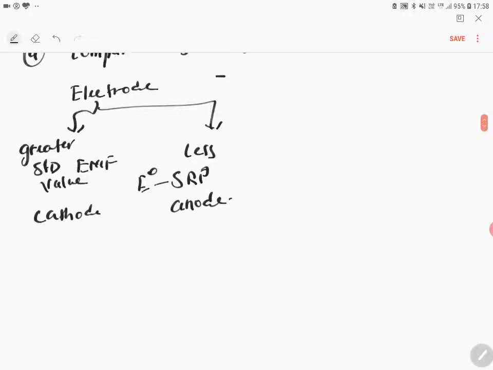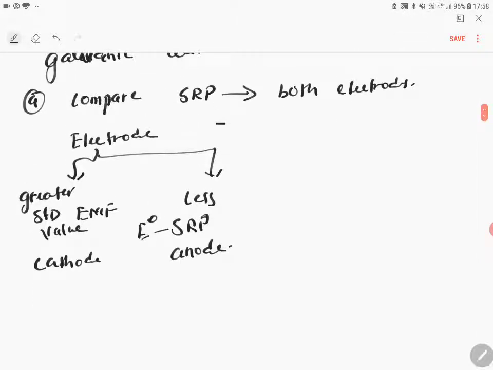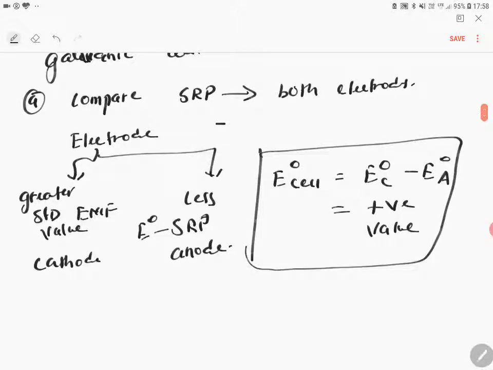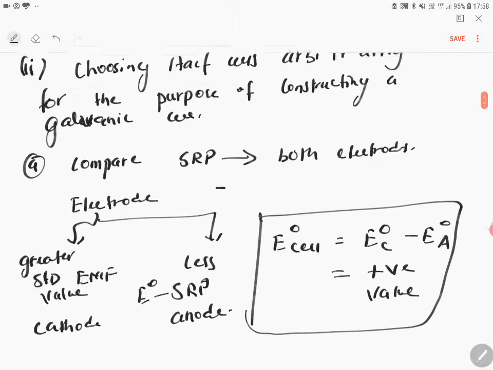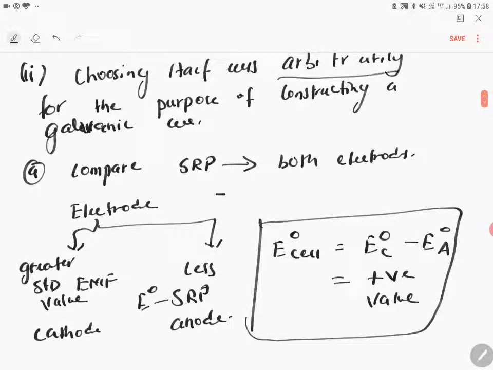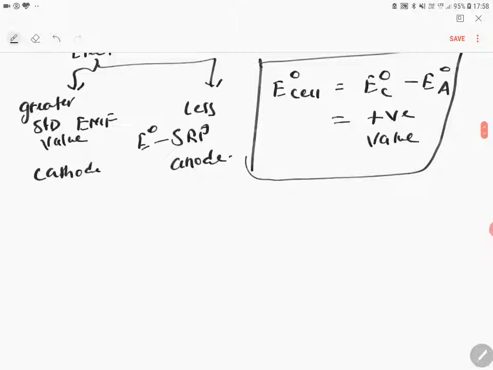Now, if you construct like this and the net EMF of this cell is equal to E naught cathode minus E naught anode, if you get a positive value, that means the electrodes you have chosen arbitrarily are absolutely correct. That means the galvanic cell is properly constructed.